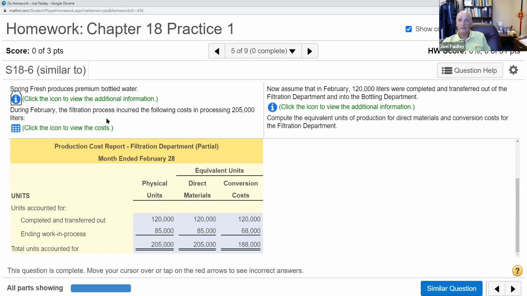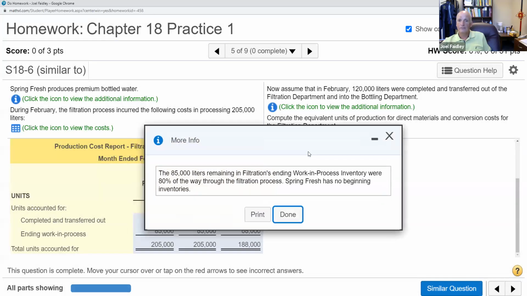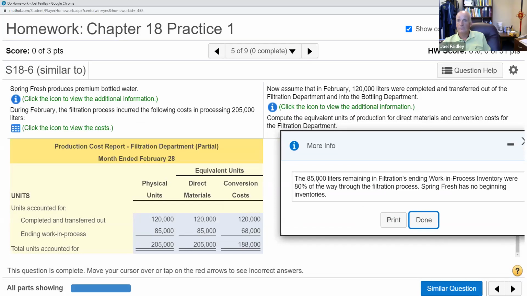And so then I take whatever the percentage is here. I don't see it. There it is. Well, they even tell you the 85,000 ending inventory. 80% of the way through filtration. So 80% of 85,000, I've actually got 68,000 liters, right? Not physically, but from a cost theoretical, 68,000 because of how much cost I've incurred.